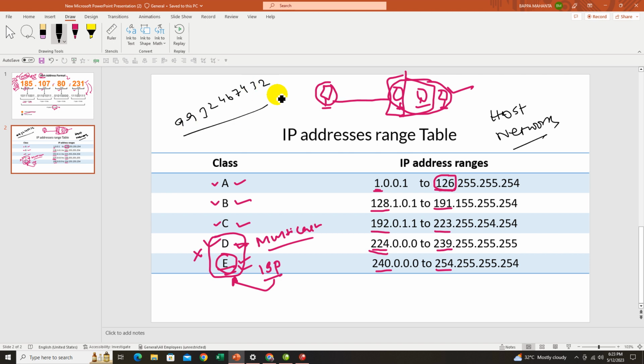We all know that the first 4 numbers represent the local telecommunication network. Suppose it's a Jio number or an Airtel number or whatever, but the last 4 will not be the same. Your number also could have started with these numbers, my number also started with this. Why?